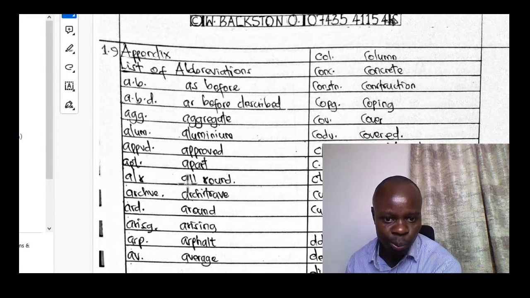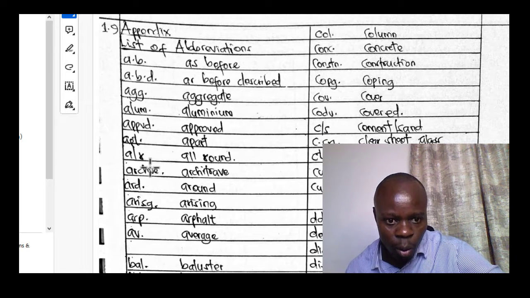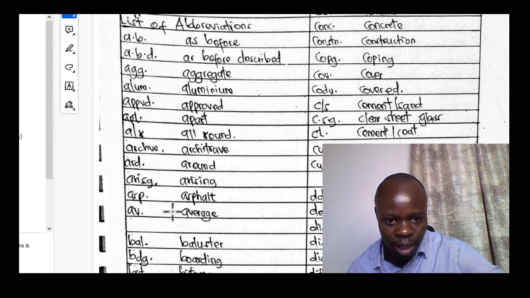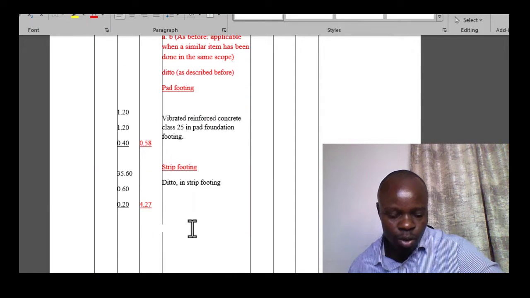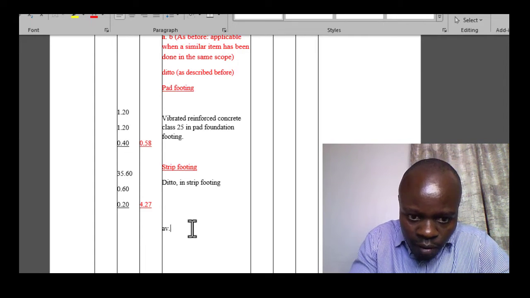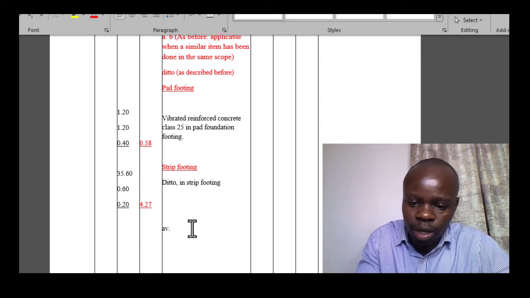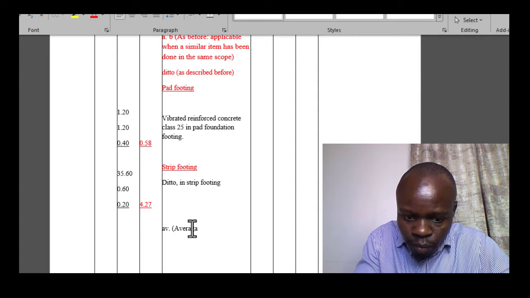Of course, we just want to pick on those common abbreviations. Another one is average. So let's pick on average and see how that can also be used.